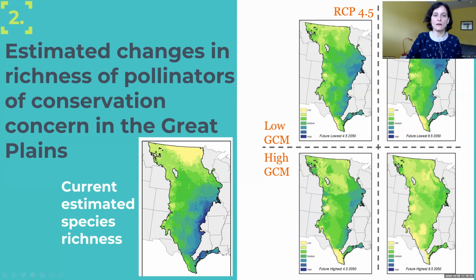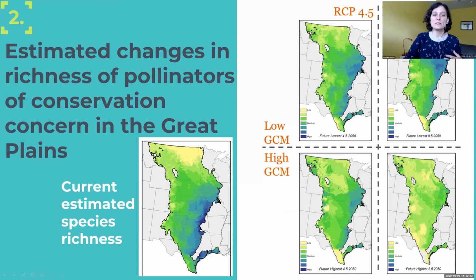And over here in the lower right corner, we have the high change global circulation model and high emission scenario. If we just compare the top left with the lower right corner, the dark blue represents the highest species richness.